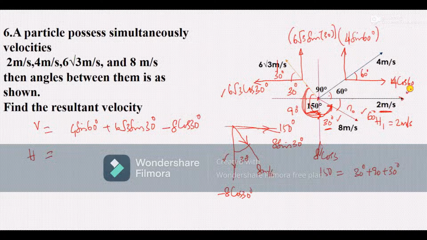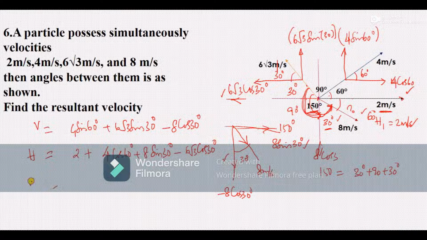Similarly, H is the horizontal one, where all horizontal components are collected. Here 2 doesn't have any component, so 2 plus 4 cos 60, which has the same direction as 2, and 8 sin 30 also has the same direction as 2, but 6 root 3 cos 30 is opposite to that, so we take it as minus.